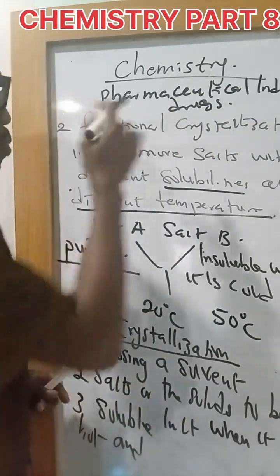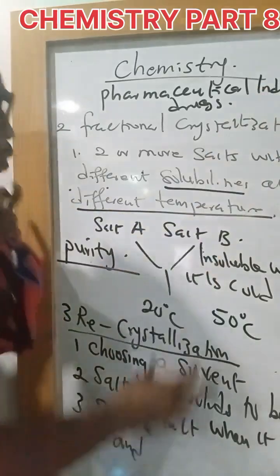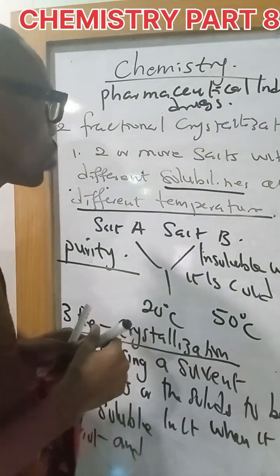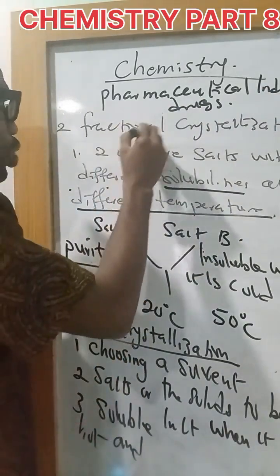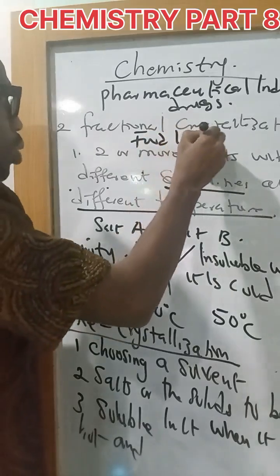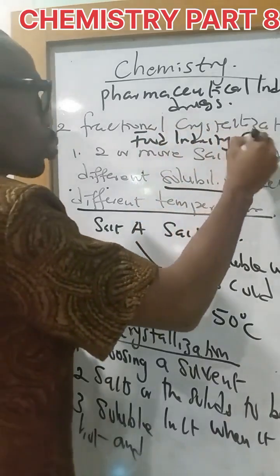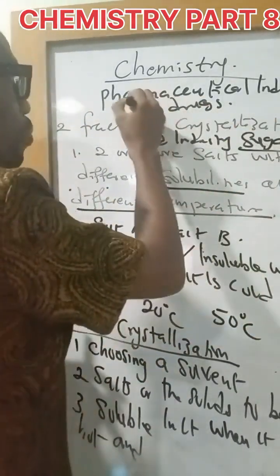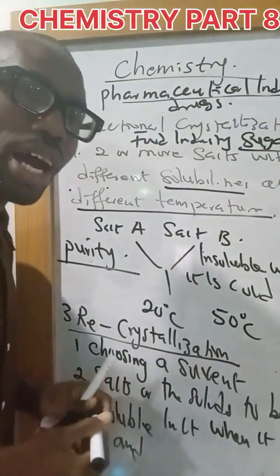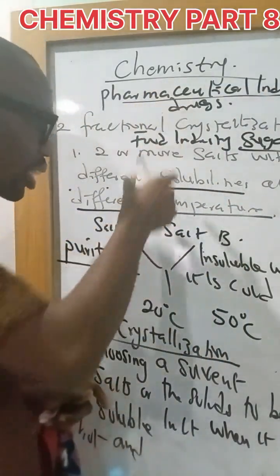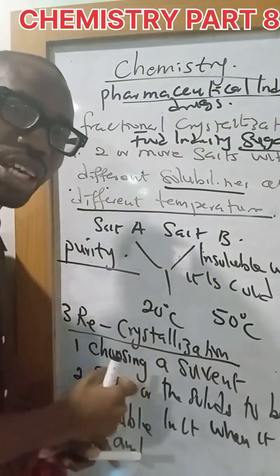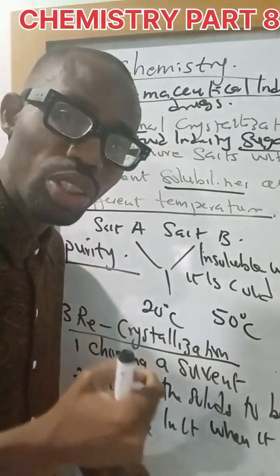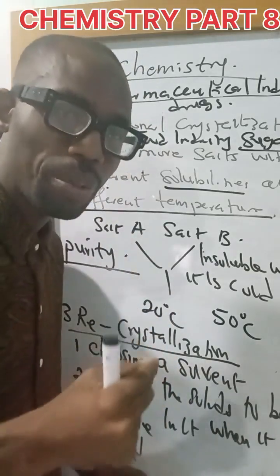Another industry that will use this is the food industry, that will manufacture sugar. So the sugar industry and the pharmaceutical industry will carry out this crystallization method as a separation technique, so as to obtain salts of purer form.